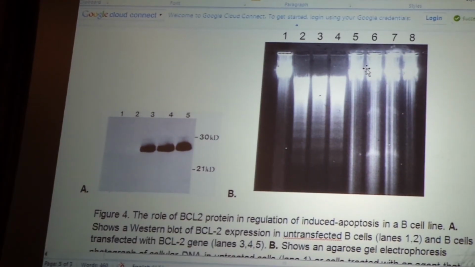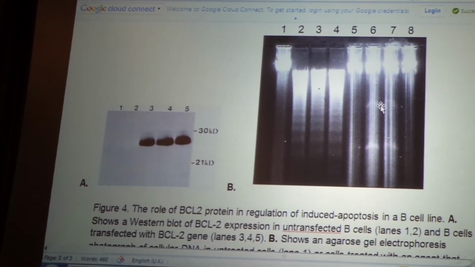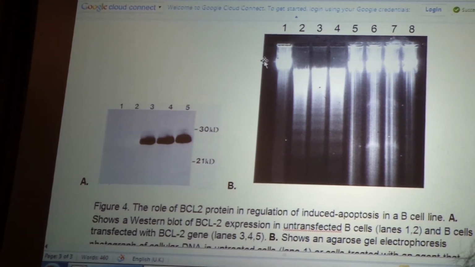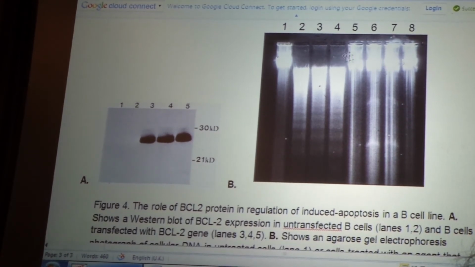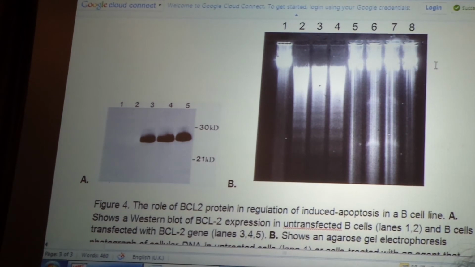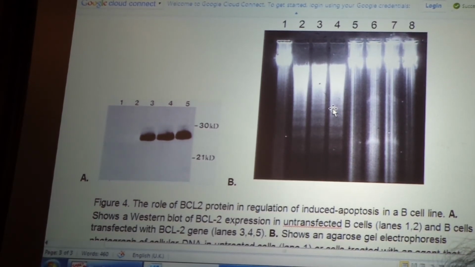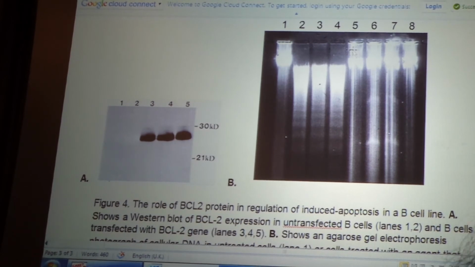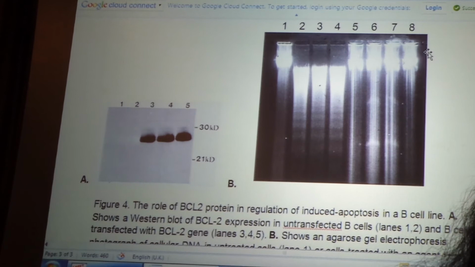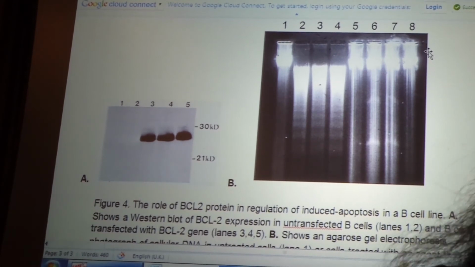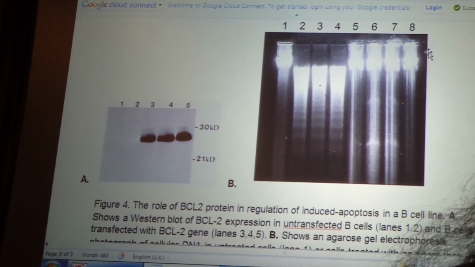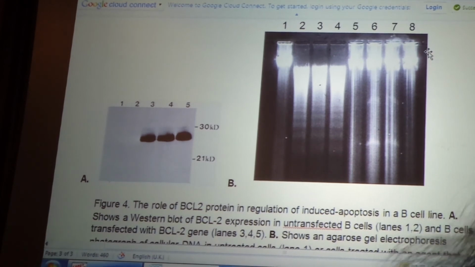You can see in lanes 5, 6, 7 and 8 that there is a bit of smearing, but if you compare with lane 1, there are very high molecular weight bands still mostly here, and it doesn't look anything like 2, 3 and 4. So even though cells 2 to 8 all received the same apoptotic signal, BCL2 effectively prevented DNA breakdown and apoptosis in the cells where it was highly expressed.